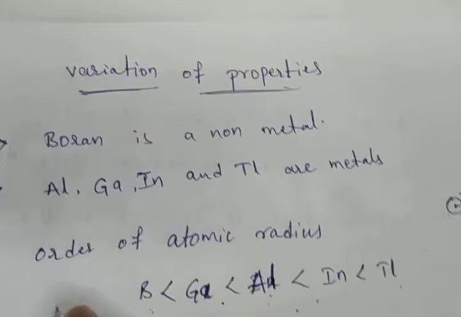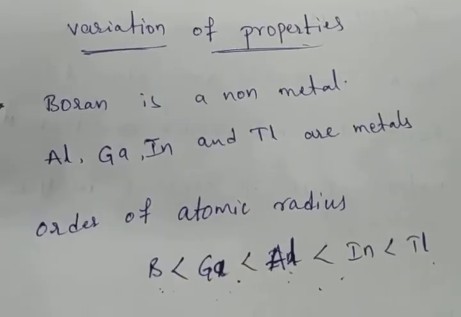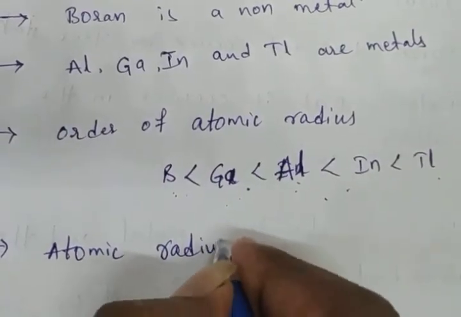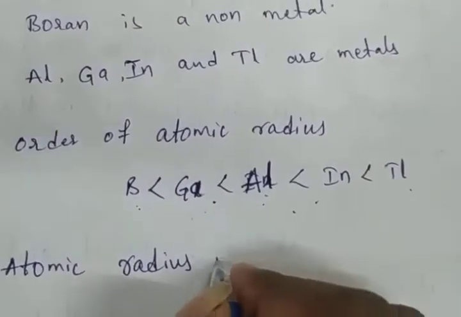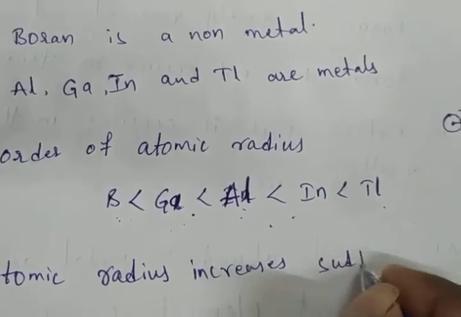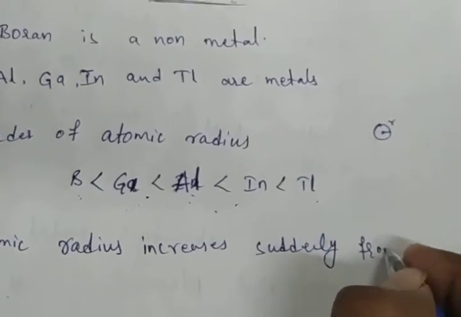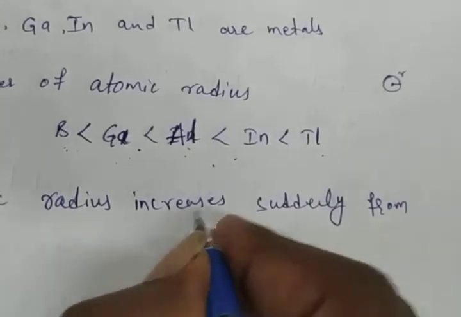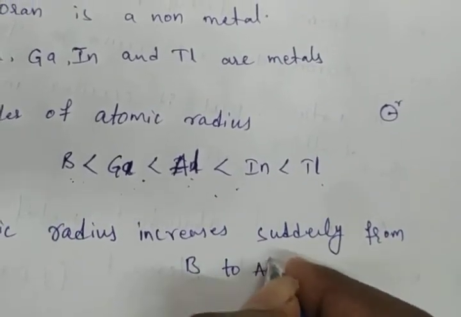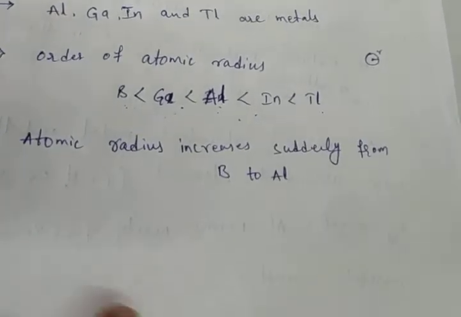Next point: atomic radius increases suddenly from boron to aluminium, B to Al.